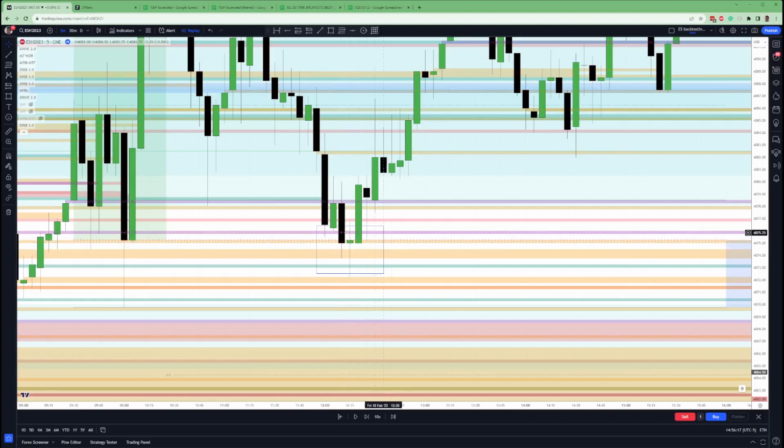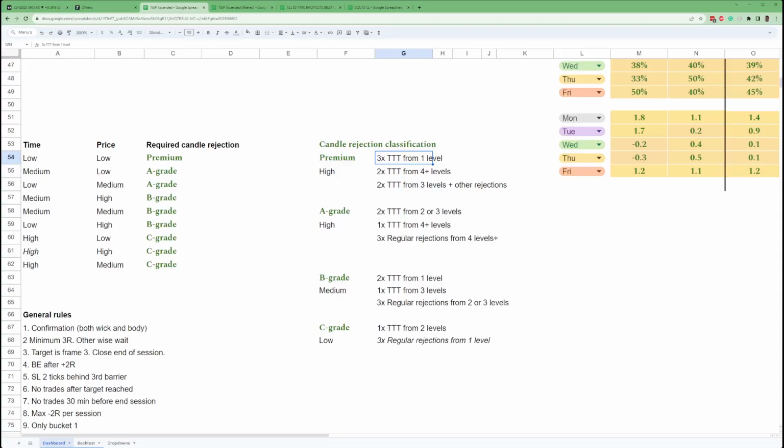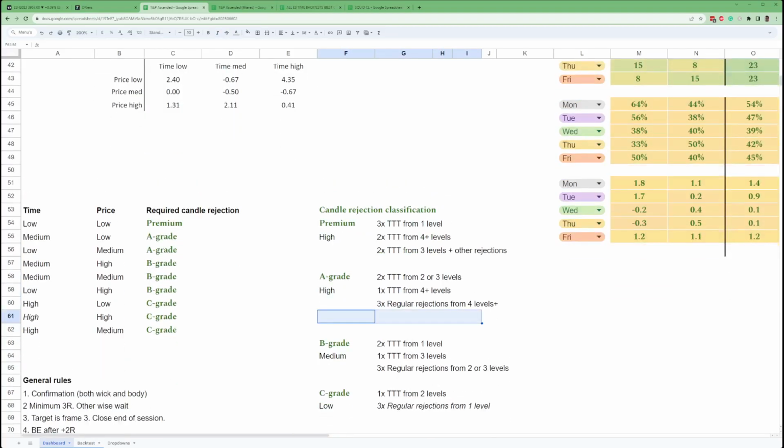So this is a very strong level, and this type of rejection is just very significant. It took me a while to make this exact classification and also to test it. But this is what I currently think is a logical way to classify them.